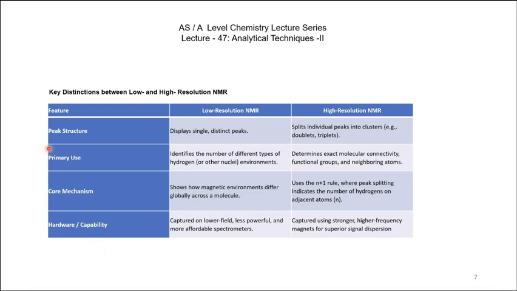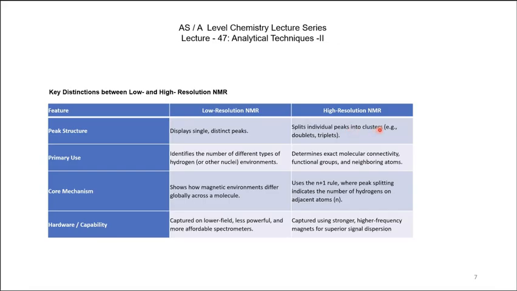What is that feature? We are talking about peak structure. So low resolution NMR shows only a single peak for each distinct environment, let's say. But in high resolution, this single peak splits up into clusters.